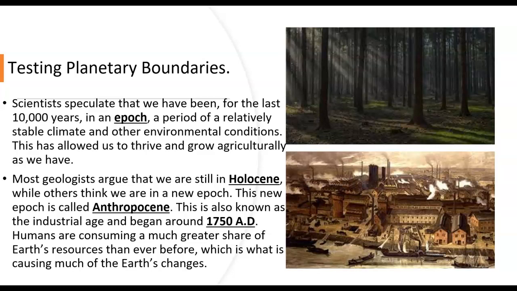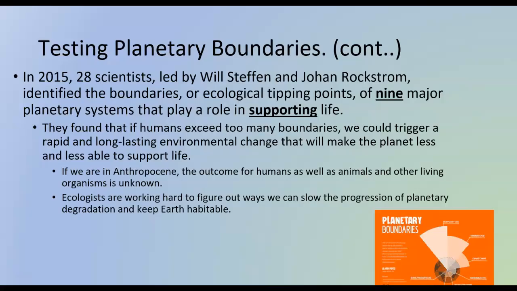In 2015, about 28 scientists led by Will Steffen and Johan Rockstrom identified boundaries, or ecological tipping points, of 9 major planetary systems that play a role in supporting life.